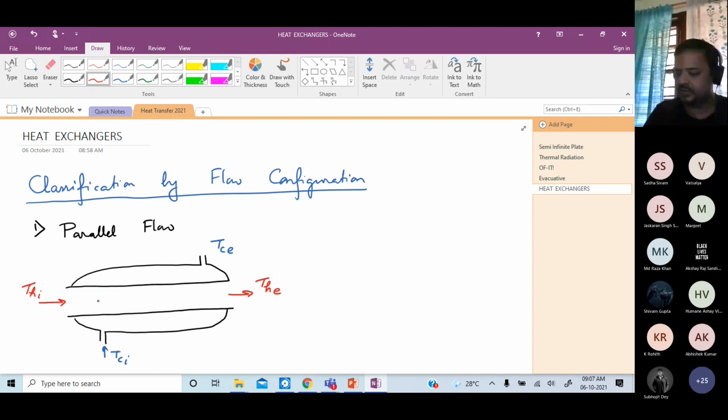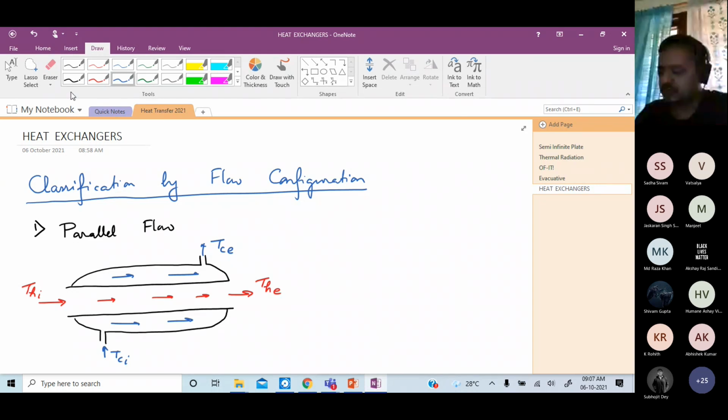Okay, the hot fluid flows like this. The cold fluid also flows parallel to the hot fluid and finally comes out of here. Okay, so this is parallel flow.